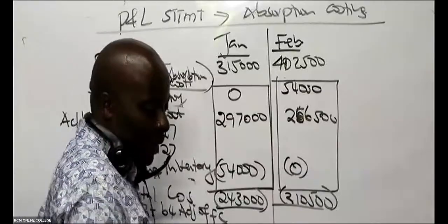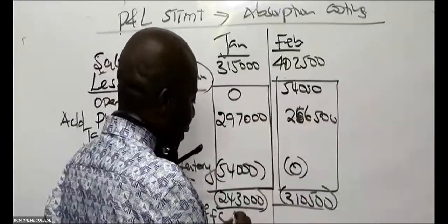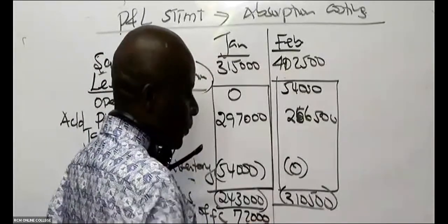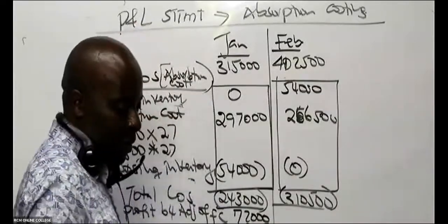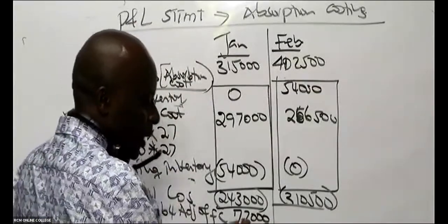92,000. They're telling me that is February. The first one is 72,000. And then the second one is 92, right?